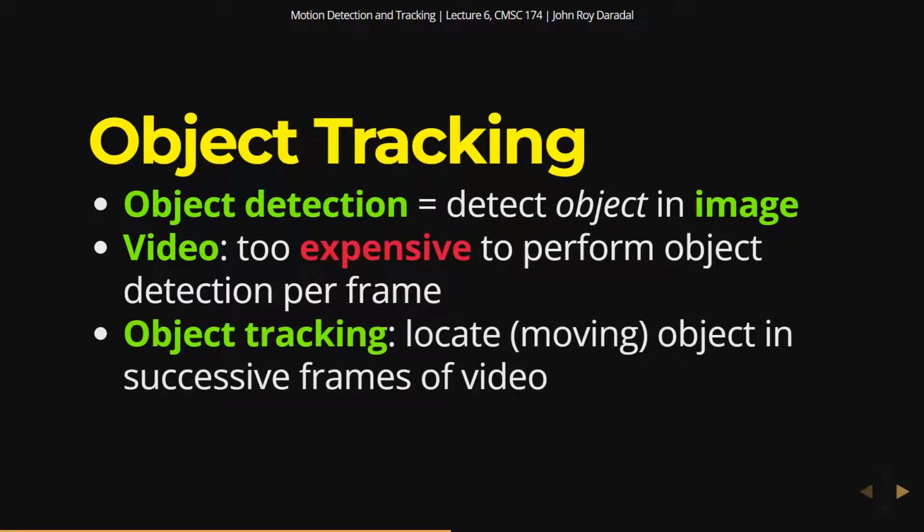So instead of doing object detection per frame, what we can do is object tracking, wherein we try to locate an object, which is usually moving, in successive frames of the video. So you track or locate the object. In object tracking, we usually use information about the object from previous frames. Since we've presumably seen it in previous frames, we can use that information to locate it again in the current frame.